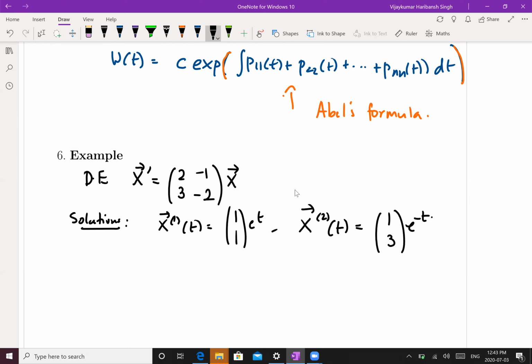So these are the set of solutions. First, verify that these are solutions.